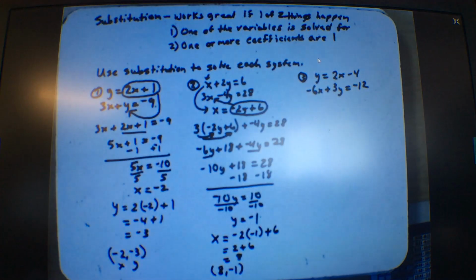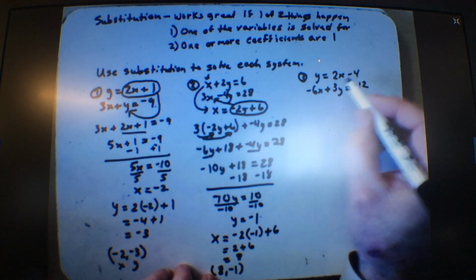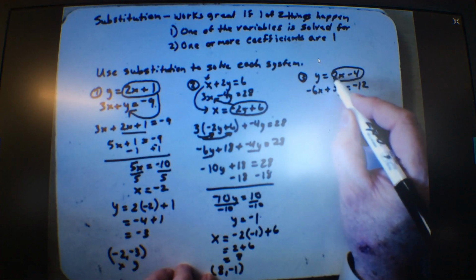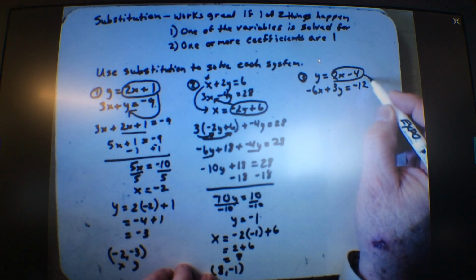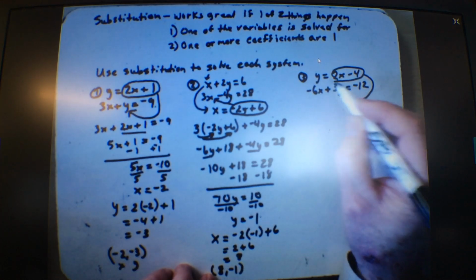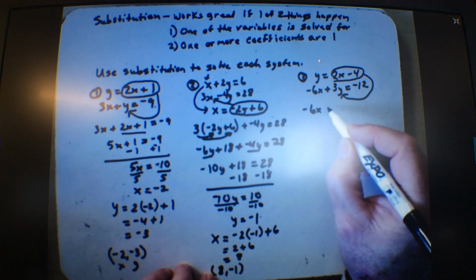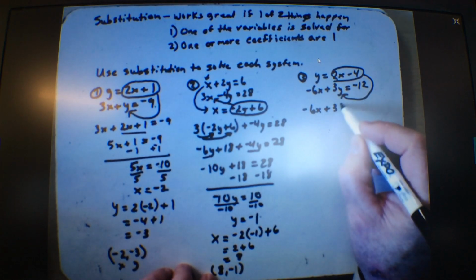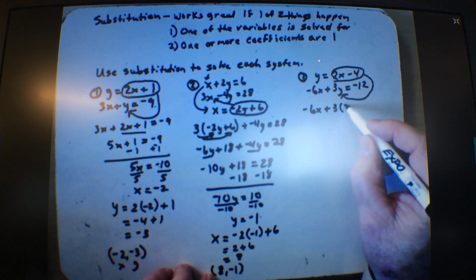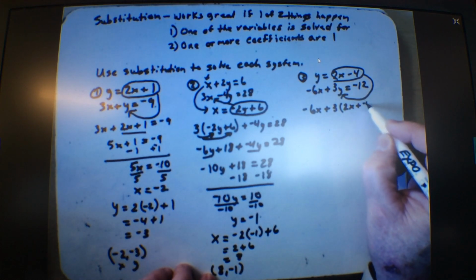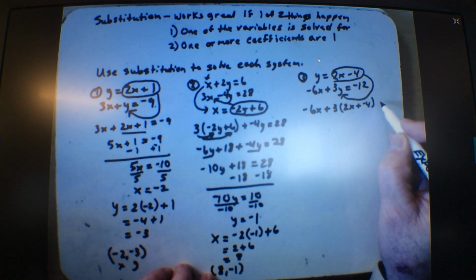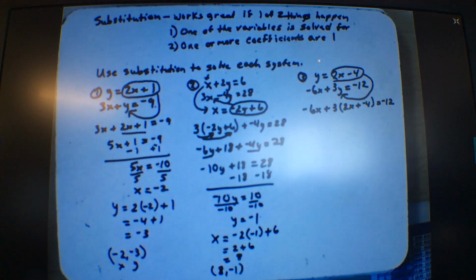One of the variables is solved for. So we're going to circle it and put it in for y, correct? Because y equals that. So I have a negative 6x plus 3 times 2x, I'm going to change it to a negative 4, equals a negative 12.